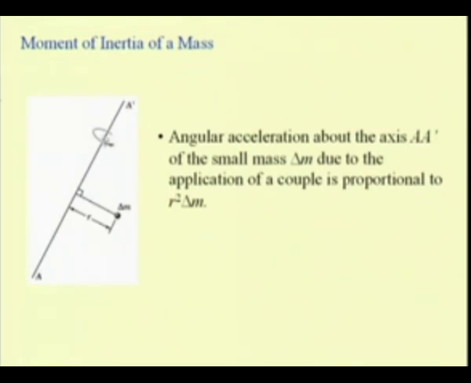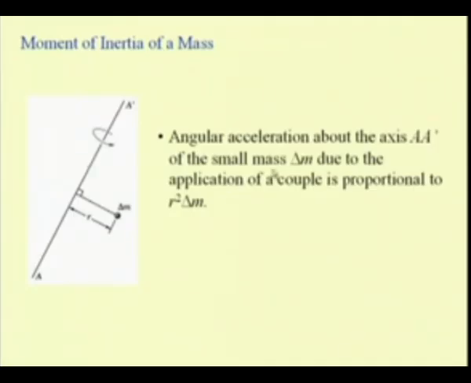The response, that means let us say if a torque is applied whose vector is along this A prime, will induce a rotation of this mass about this axis A prime, and the response, that is in terms of the angular acceleration, will depend upon the distance as well as the mass of this particle, and that is why we are interested to compute this term, that is the moment of inertia of this mass about this axis, say A prime.